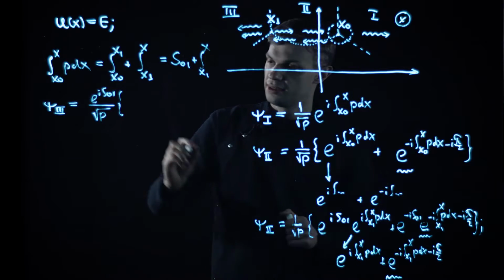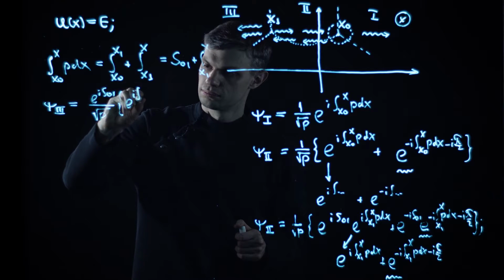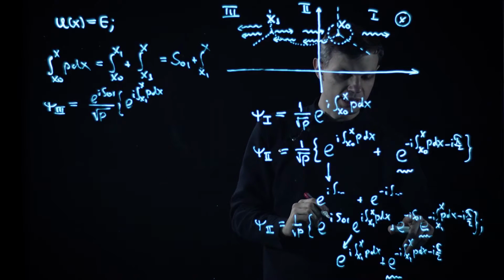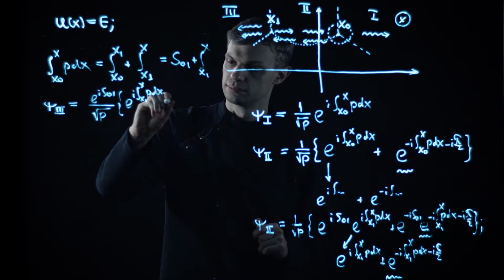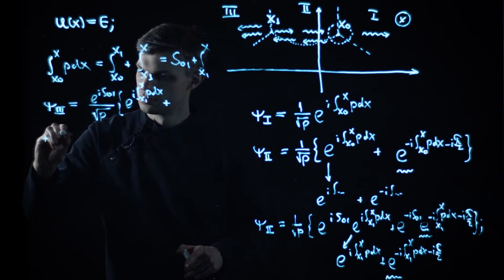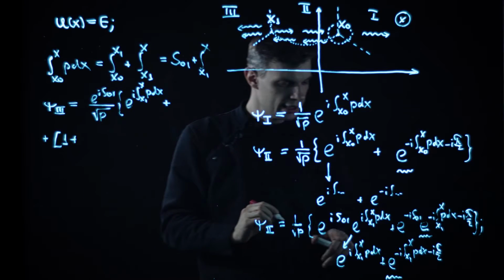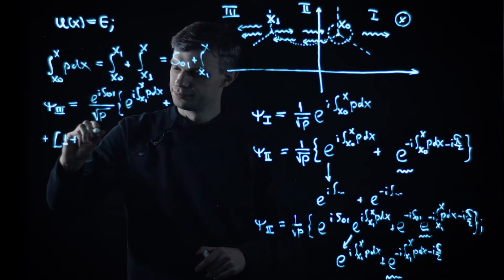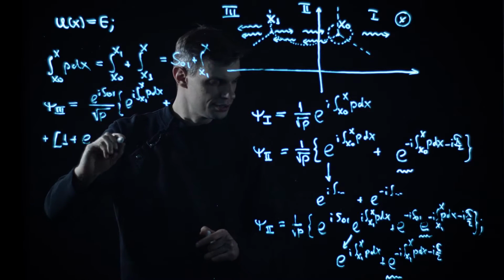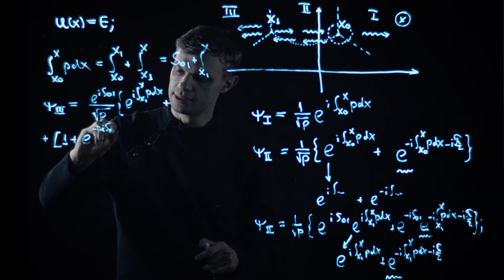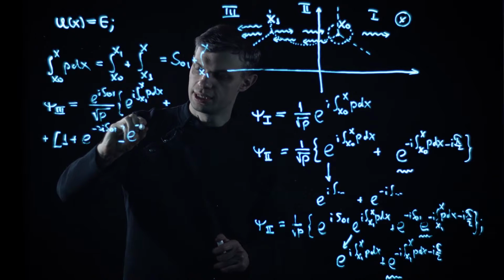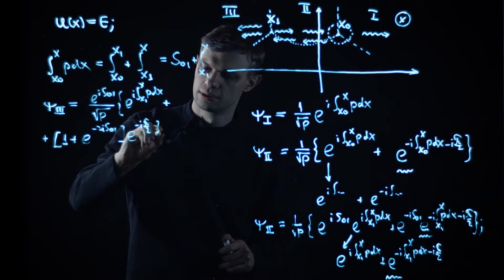And here we go: the incident wave and the combined transmitted wave, which is 1 plus e to the minus 2i S_{0,1} multiplied by e to the minus i pi by 2.